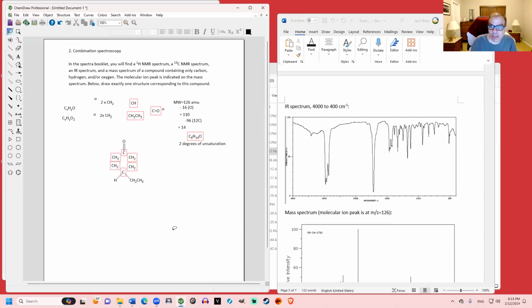And we've made ourselves a nice little 6-membered ring. So all we have to do is connect all of those things up.